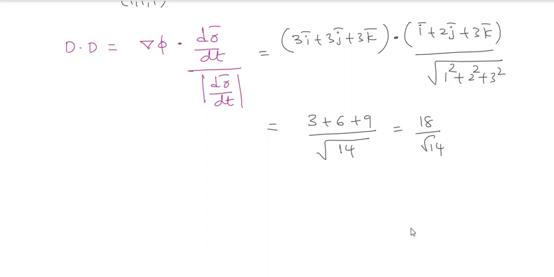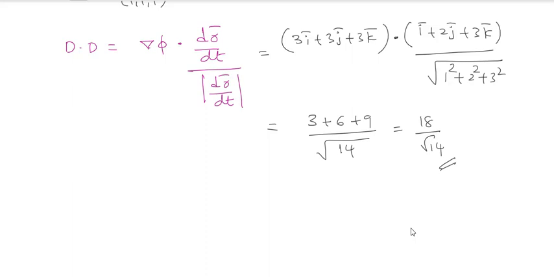If you have any option of simplifying, you simplify it; otherwise, you keep 3 plus 15, 18 by root 14. Clear with my point? Yes. That is the directional derivative. So that is how you need to calculate.